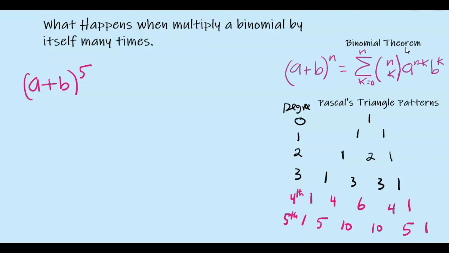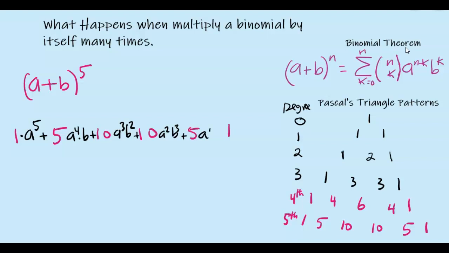So here we are using 1, 5, 10, 10, 5, 1 as the coefficients. And then here the A will take all the 5, you bring your plus. The A will take 4, and B will take 1, bring your plus. A will take 3, B will take 2, bring your plus. Here A will take 2, B will take 3, you bring your plus.